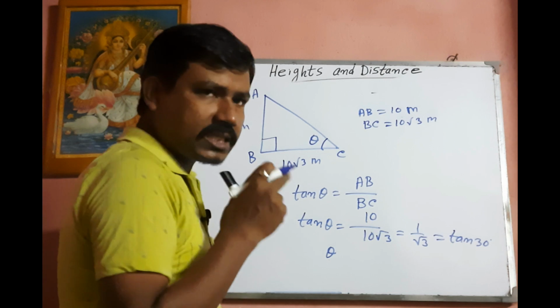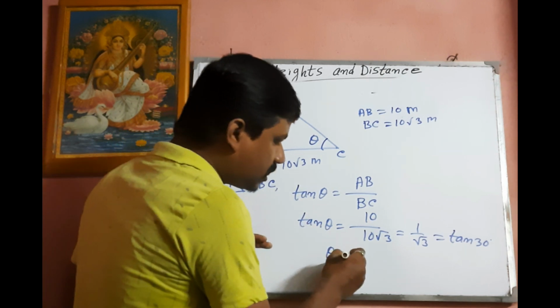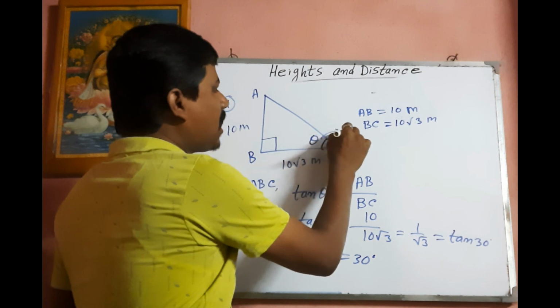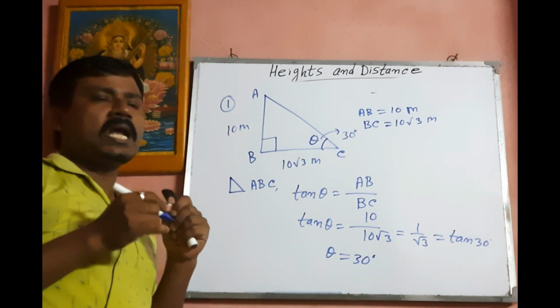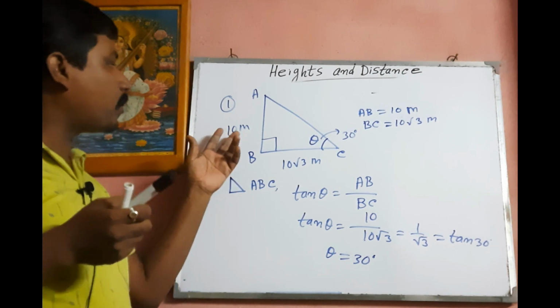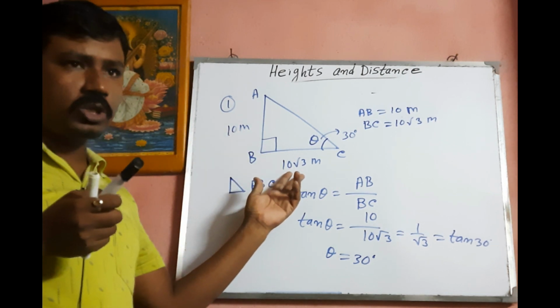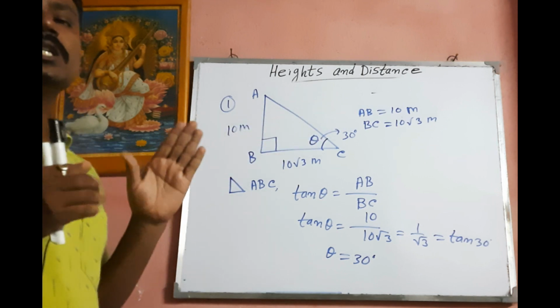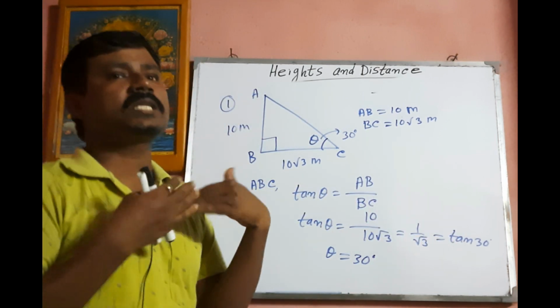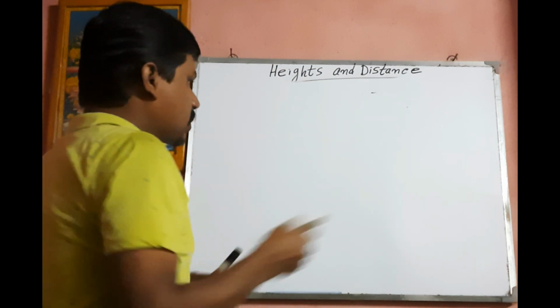So after cancelling tan on both sides we get theta is equal to 30 degree. So this is the angle of elevation of the sun at that time when the shadow of the pole is 10 root 3. The angle of elevation is 30 degree.